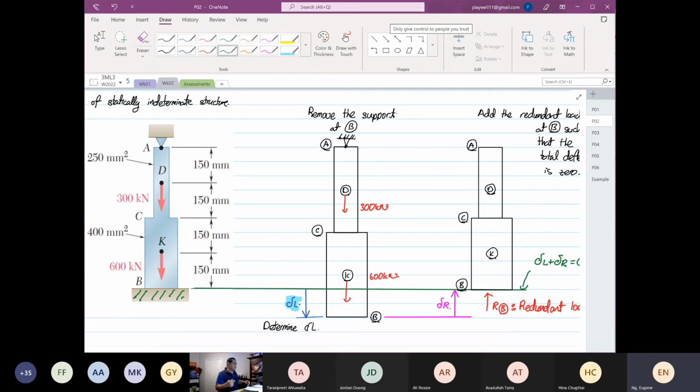Okay. So some of you will say, Eugene, what is the purpose of such application? This type of analysis is great when you are calculating the load or the distributed load of a floor.